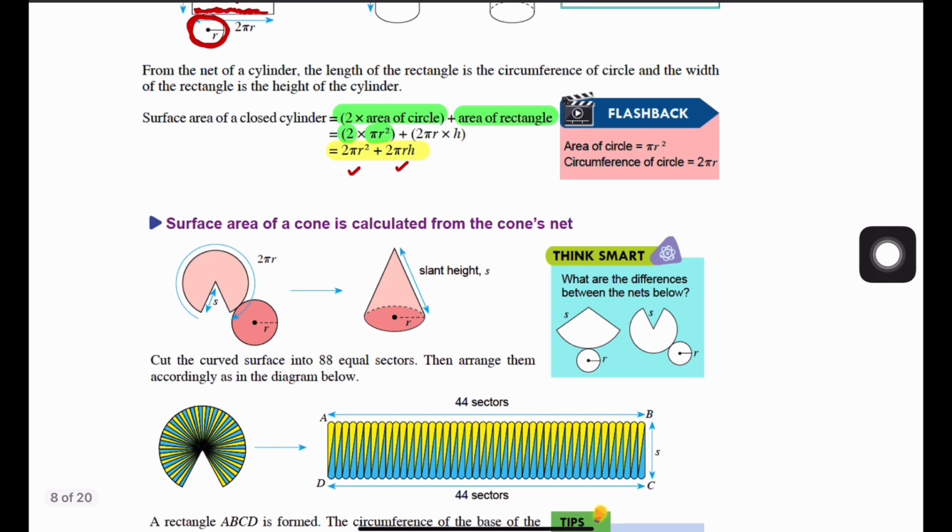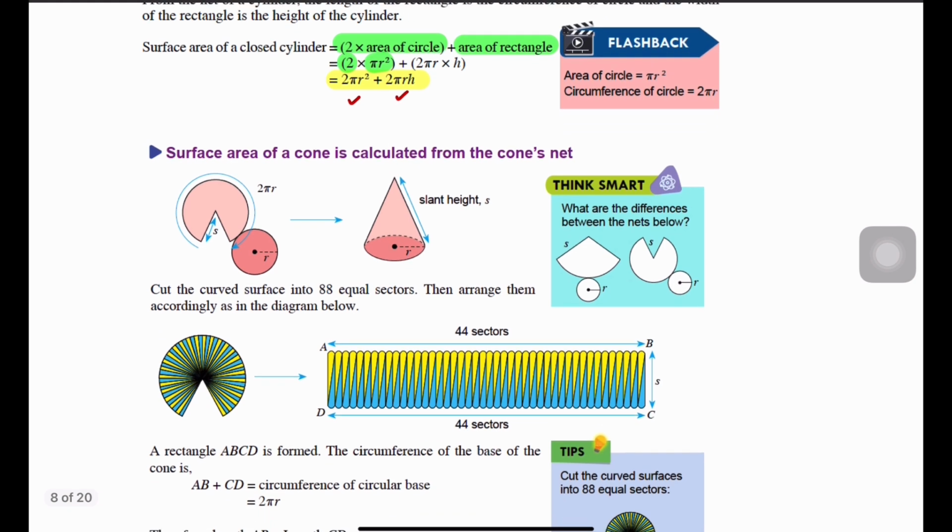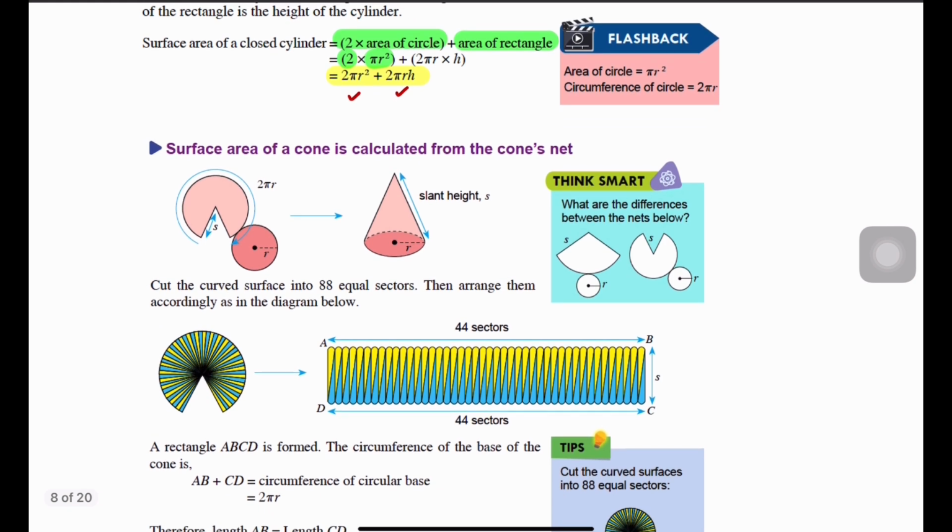Okay, next, the surface area of a cone is calculated from the cone's net. Sebelum tu, cuba tengok sini, think smart. What are the differences between the nets below? Sebenarnya untuk cone, dua-dua ni kita terima. Tak ada masalah. Cuma untuk pembuktian surface area untuk cone, kita gunakan yang bentuk ni lah.